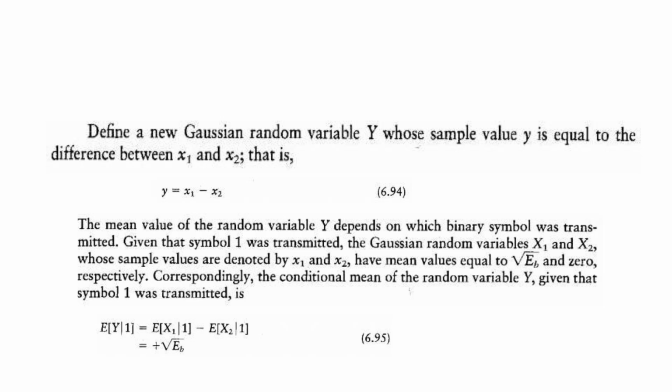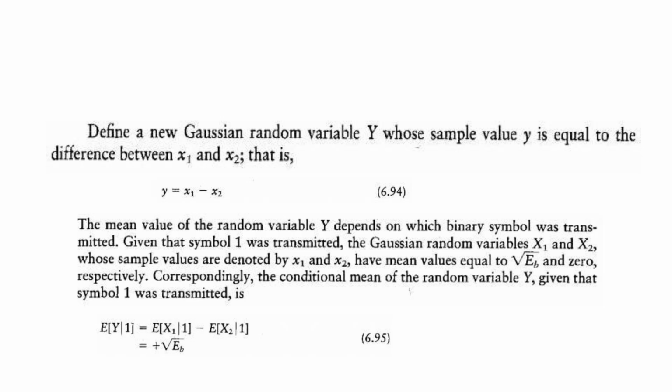Now consider a new Gaussian variable Y, with sample value small y, equal to the difference between x1 and x2. Mathematically, y is equal to x1 minus x2. The mean value of the random variable Y depends on the binary symbol transmitted.